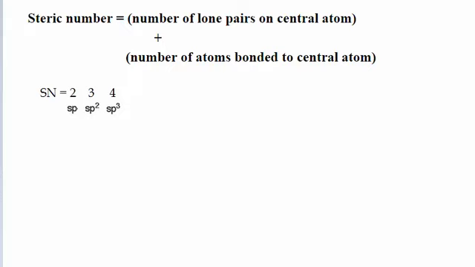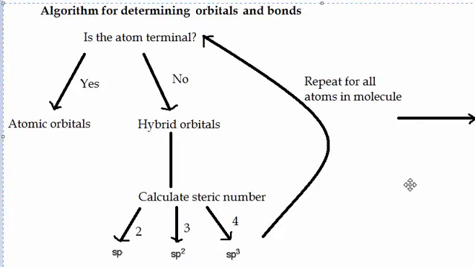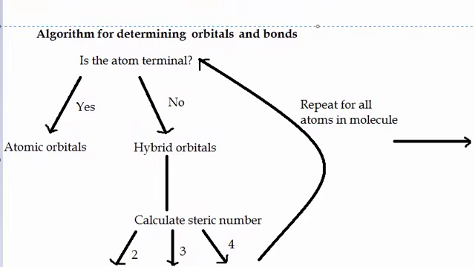Okay. So if we understand this, we could develop a way of looking through a molecule and determining the hybridization of each one of those atoms. And that's going to look something like this. So how do you start?